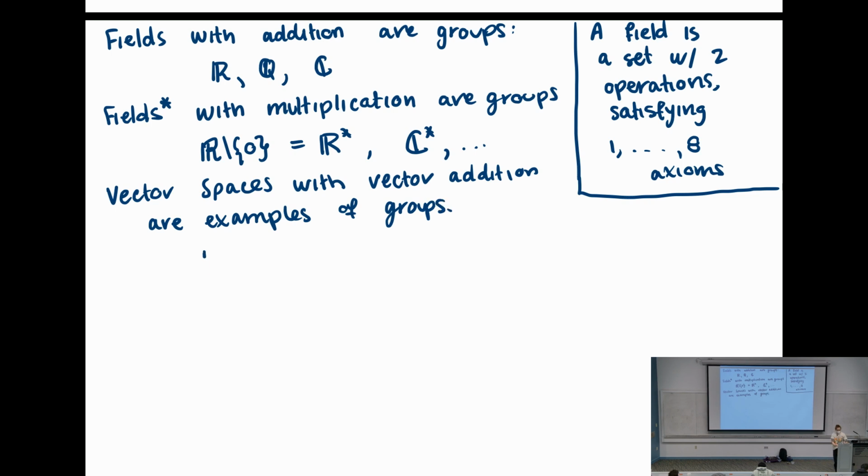That means R to the n with the usual addition, and vector spaces consisting of functions with vector addition as defined for functions, and so on. Did anyone come up with other examples of groups?